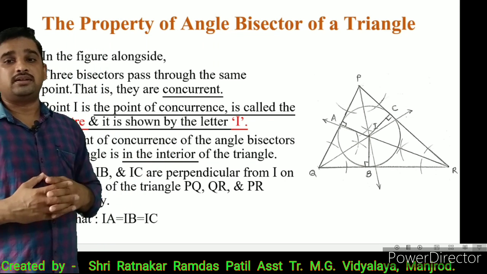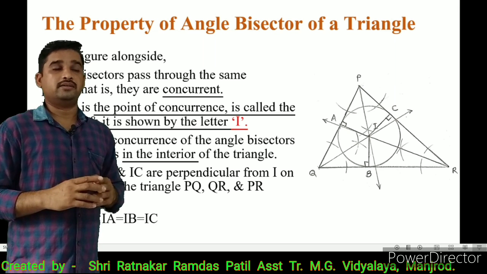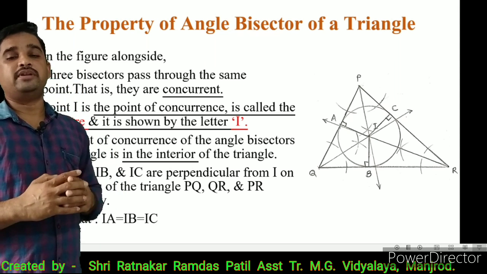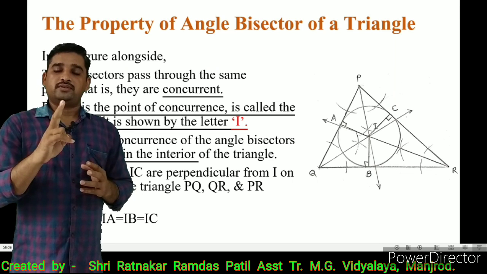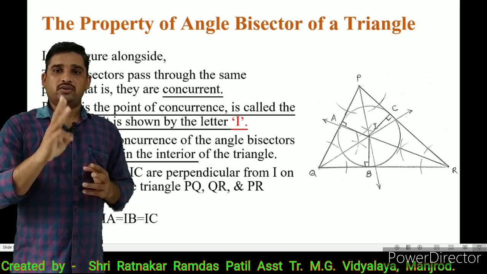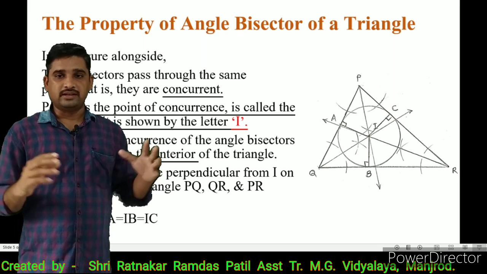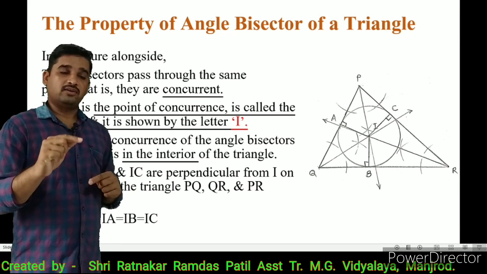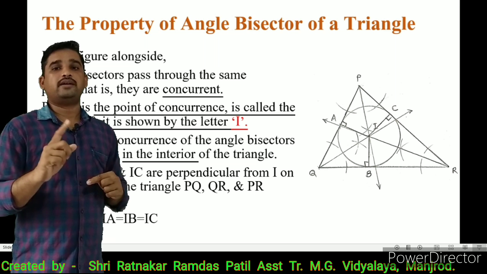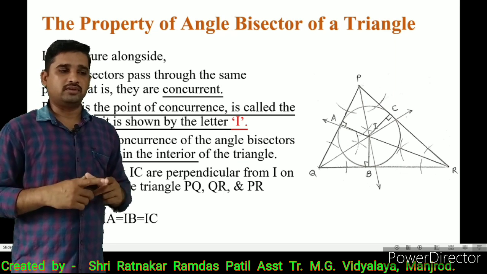And what is concurrent? You learned concurrent lines in standard 6th. What is the definition of concurrent lines? When two or more lines intersect in a single point, then those lines are called concurrent lines and that point is called the point of concurrence.